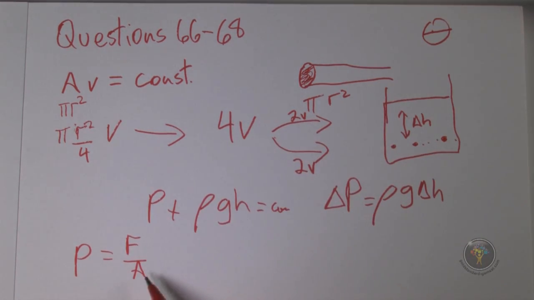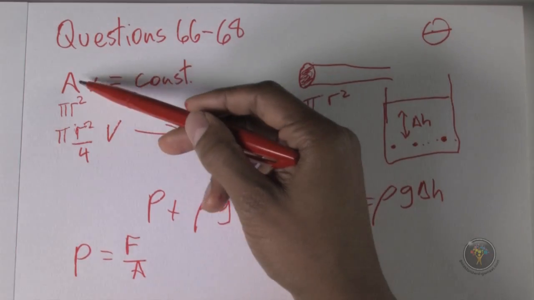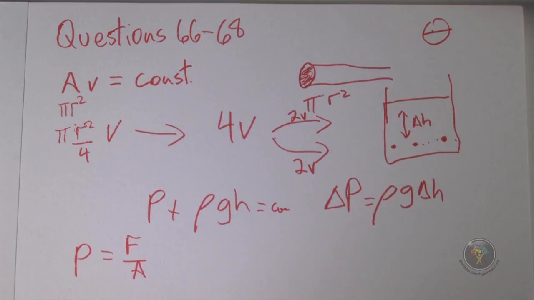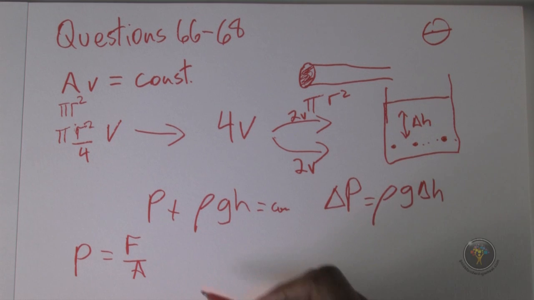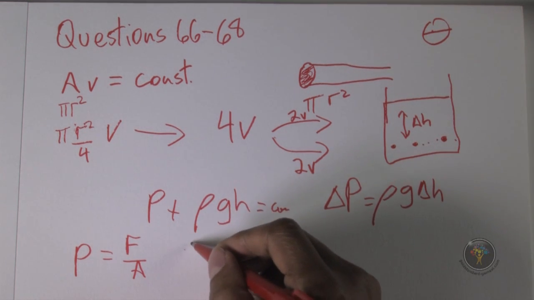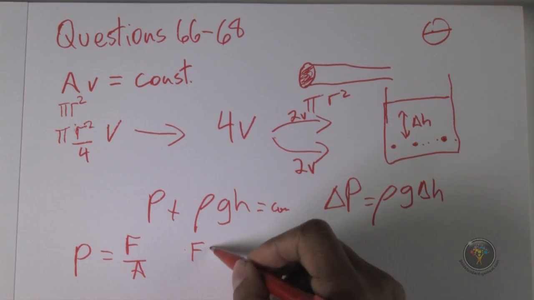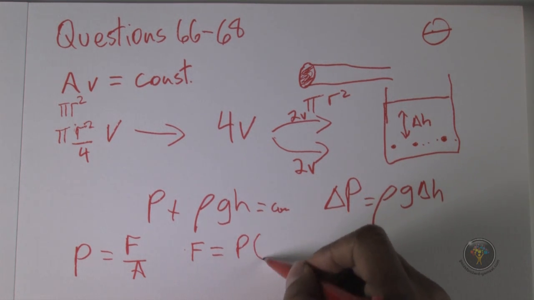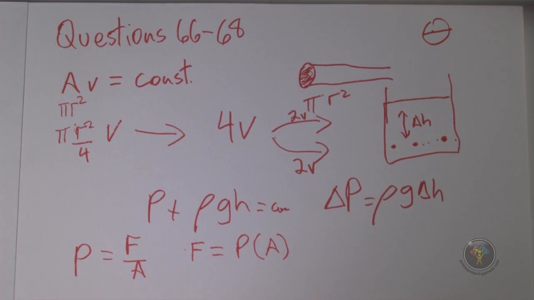And again, this unit area is completely different from the cross-sectional area. This is the area where the actual pressure is acting, and that would mean on the dam wall as well. But this is asking where the total force would be the least. So I'm going to rearrange the equation and put that force is the pressure times the area.